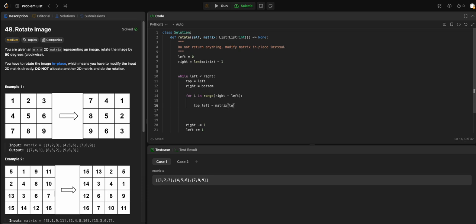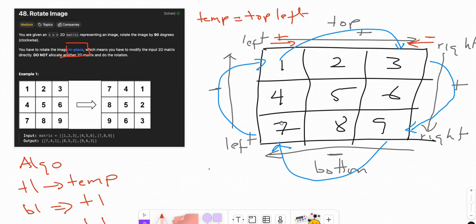The top left is equal to matrix[top][left + i]. And here we move bottom left to top left: matrix[top][left + i] equals matrix[bottom - i][left].